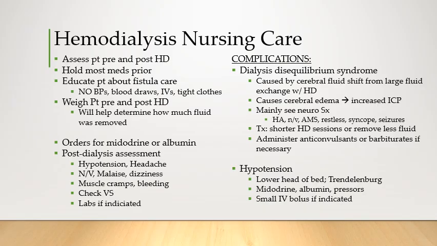We're going to be watching for signs of severe fluid volume deficit. So all of a sudden their blood pressure goes down, their heart rate goes up, they get dizzy, they get fatigued, they're passing out on you. It could be a sign that we pulled off too much fluid or we're pulling it off too fast.